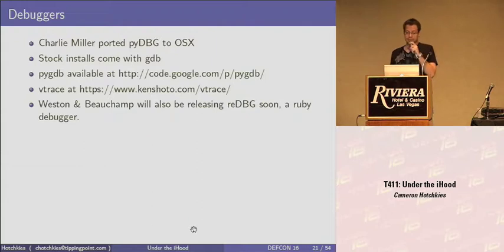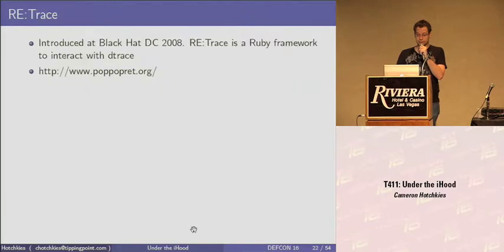PyGDB, which is another Python interface through GDB, is available on Google Code. vtrace, yet another debugger, is available at Kenshoto. And Tiller and Dave, the guys who were presenting earlier, I don't know if they released it today or will be releasing it shortly, or if you just have to email them and they'll send it to you. But they have Redbug, which is a Ruby scriptable debugger as well, that's set to interface with the Retrace set of tools.